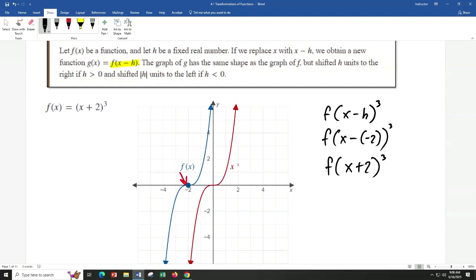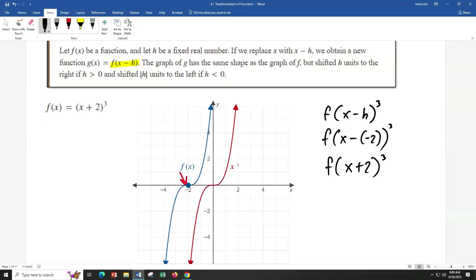It's not always that way. For these, left and right, that's how these work, okay? Because these are inside the function, right? Remember, this is your base function right here, this x cubed. I replaced the x with the x plus 2.